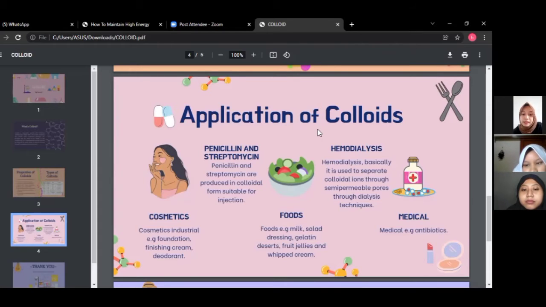Penicillin and streptomycin are produced in colloidal form suitable for injection. And in food, the examples are milk, salad dressing, gelatin dessert, fruit jellies, and whipped cream, and hemodialysis. Hemodialysis, basically, is used to separate colloidal ions through semi-permeable pores through the dialysis technique.